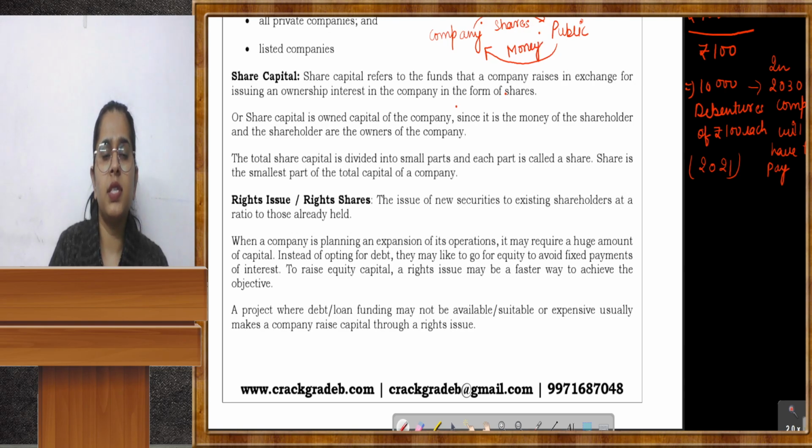So this is the transaction which happens. The public gives money to the company and the company in return gives shares to the public. By giving shares, the company means that now you are an owner in the company.